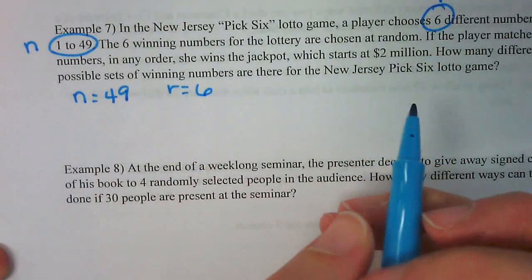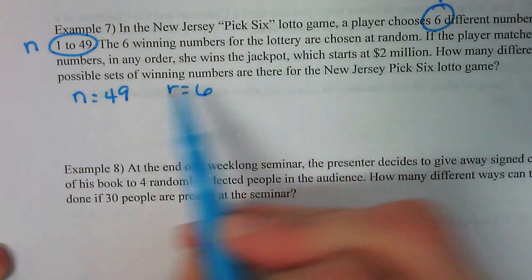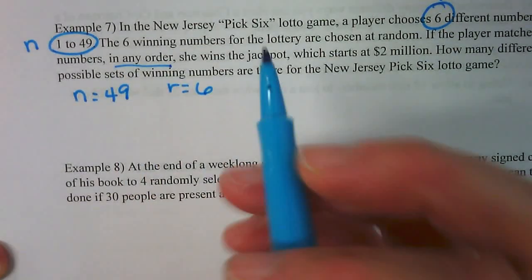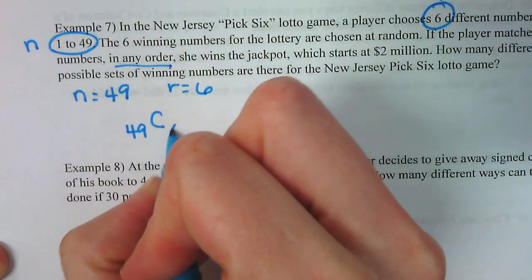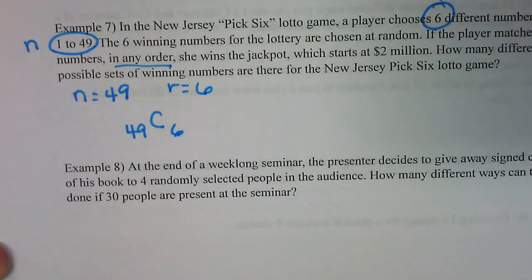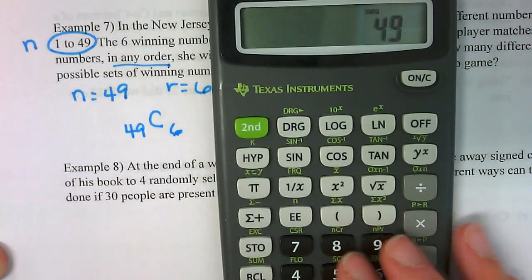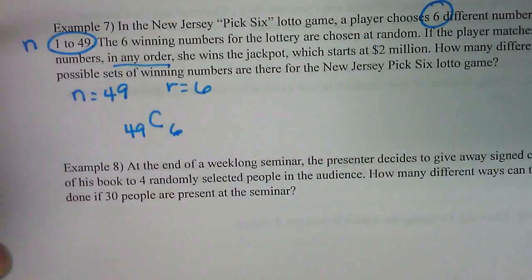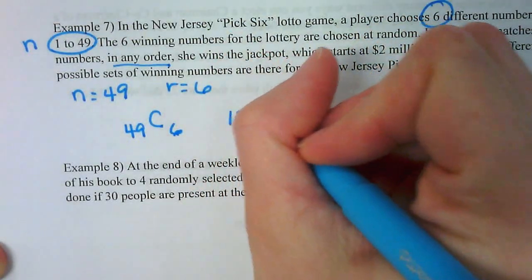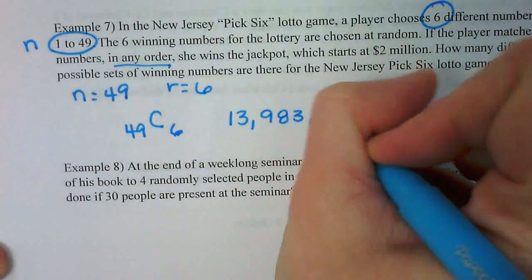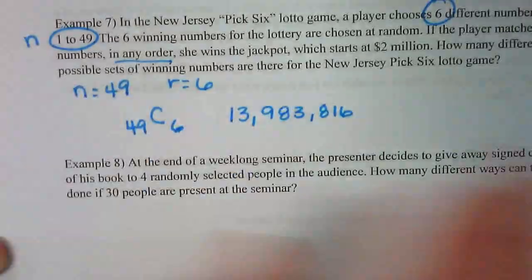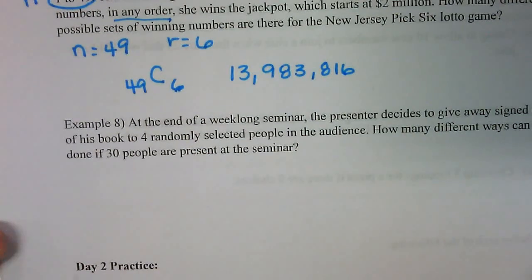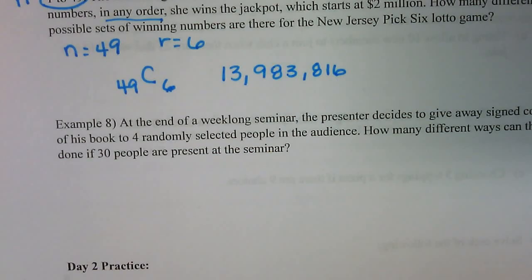Since the order doesn't matter, because it's chosen at random in any order, we're going to do 49C6. Again, in our calculator, we type the 49 in first, hit second, and this time we're using the C, so we hit the 8, and then 6, equals. So 13,983,816.